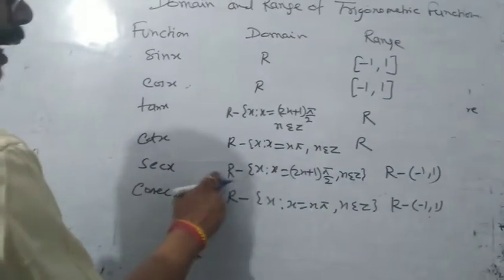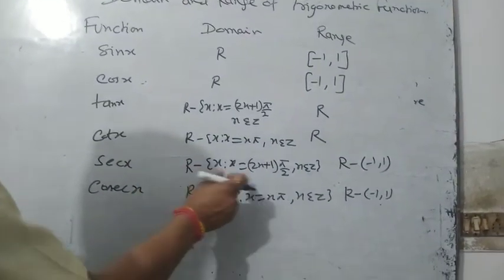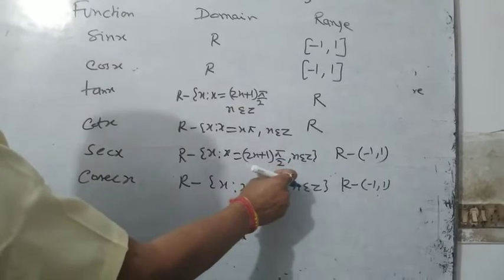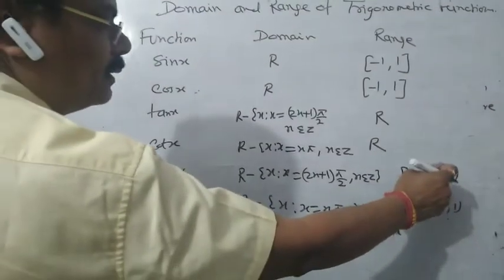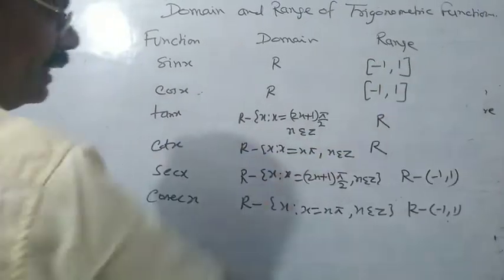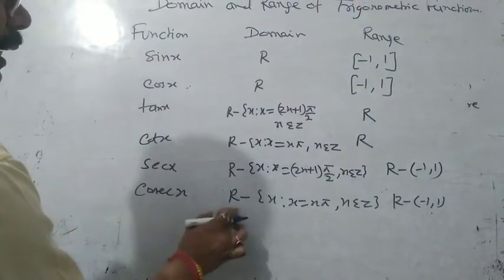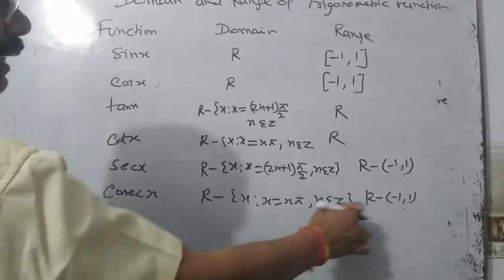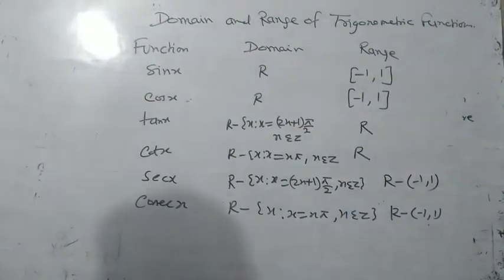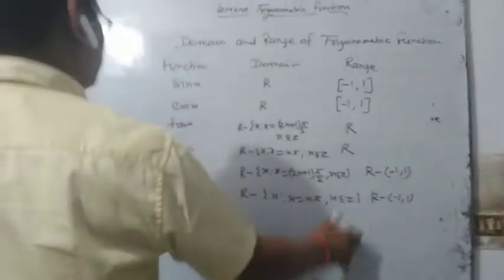Sec x: all real numbers except x = (2n+1)π/2, n is an element of integers, and R minus (-1, 1) is the range of that function. Cosec x similarly: R minus {x = nπ}, n is an element of integers, and R minus (-1, 1) is the range of this function.